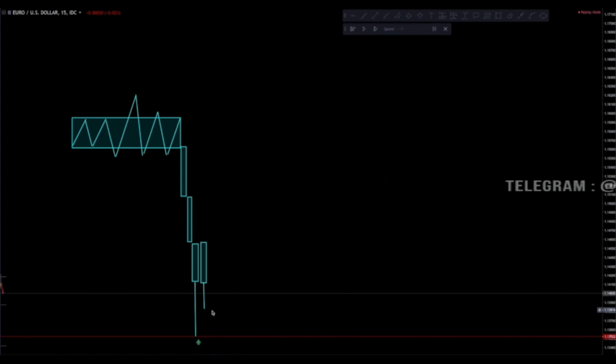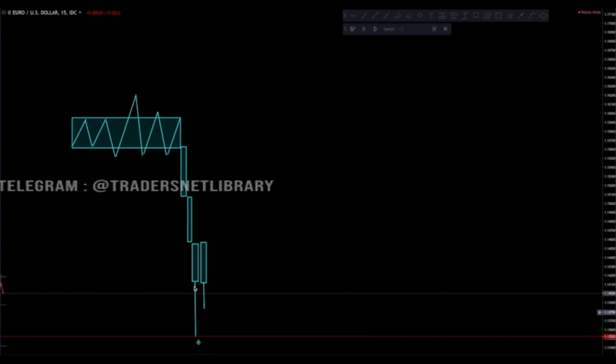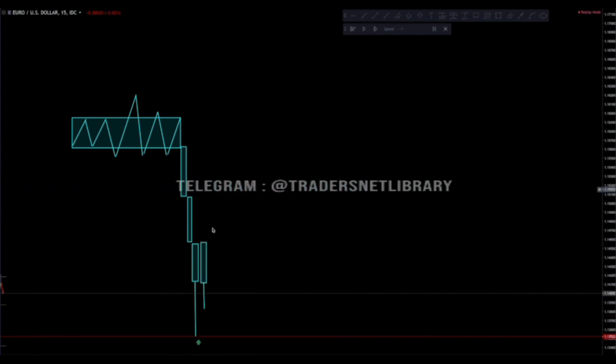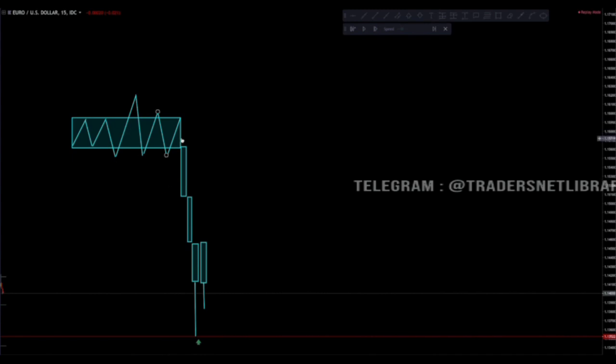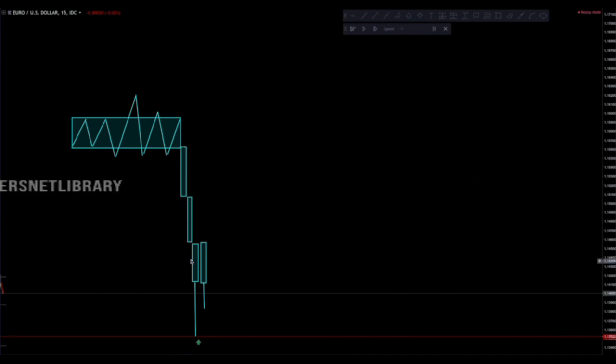If price is in momentum, because we had nothing here in the Asia and then we start dropping, that's momentum. You want to see big strong candles, and then rejections.